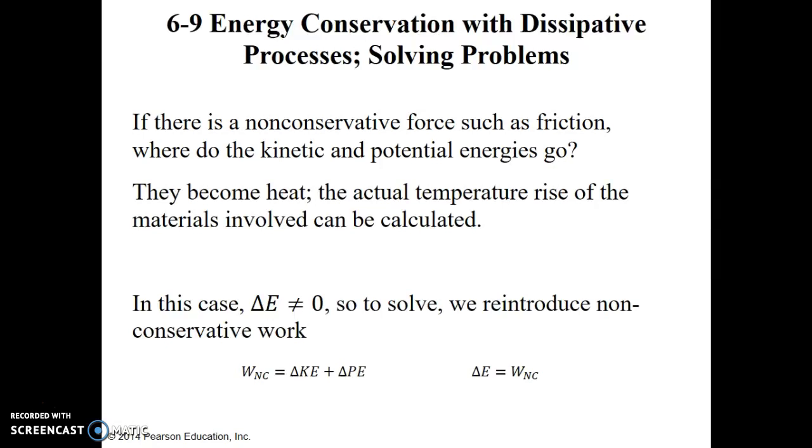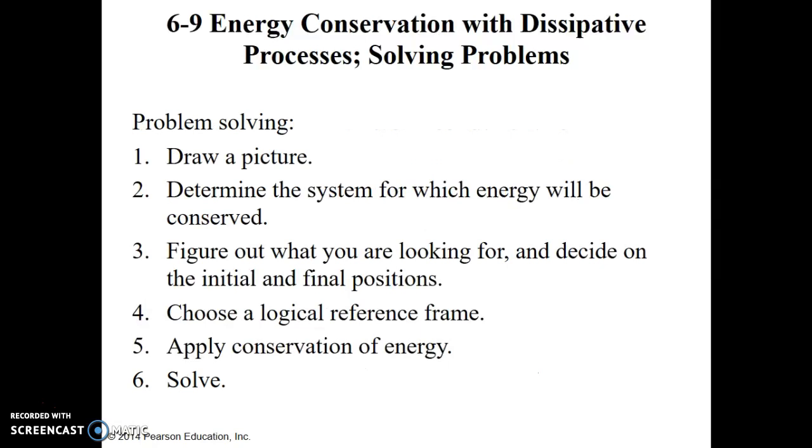So how do we solve problems with conservation of energy? Note how much simpler this is now than all the kinematics and stuff that we did in chapters 2 and 3. First thing, we start off the same always. We draw a picture and we determine the system for which the energy will be conserved.